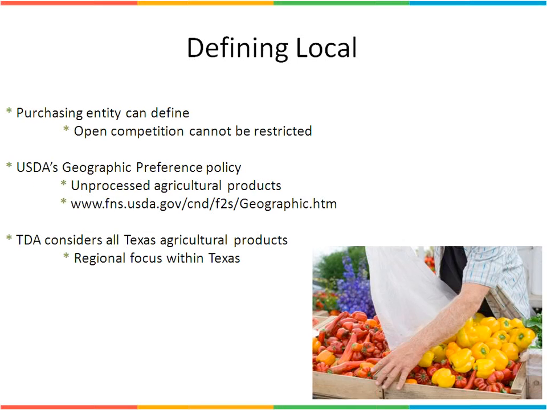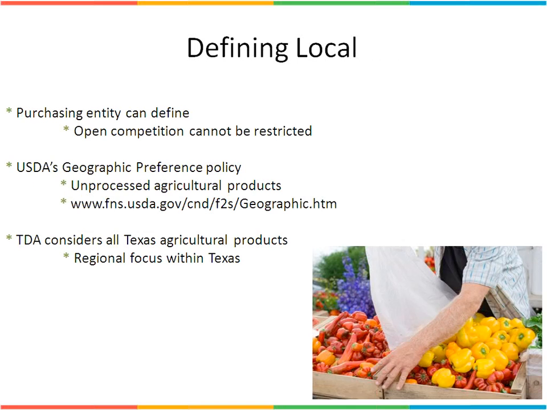So I used the word local a couple times, and what does that even mean? A lot of people have different definitions for local, and what's great is in the school meal system, USDA allows whomever is purchasing that product to define local. So depending on where you're at in the state, you may have a lot of producers located in your county even.